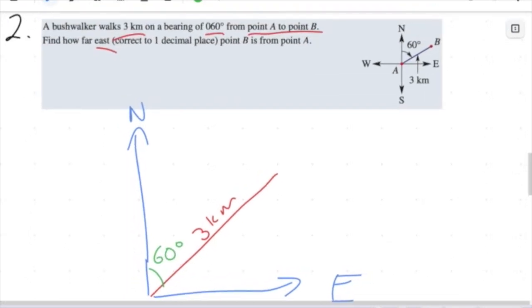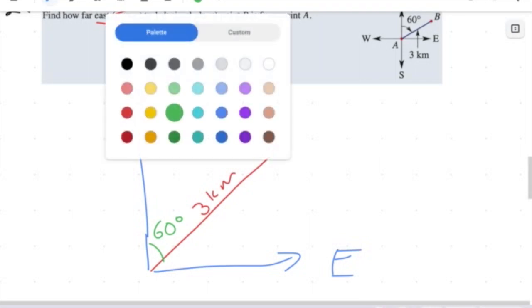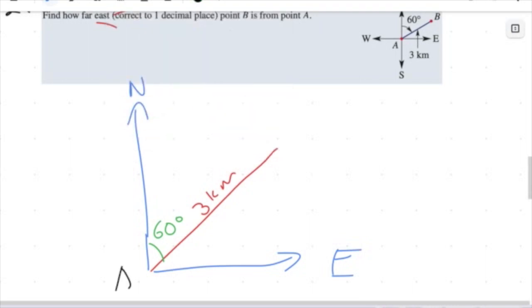And now I'm being asked how far east, correct to one decimal place, is point B from point A. So I have here A and B. And I'm looking at how far east. So what this particular length is going to be.